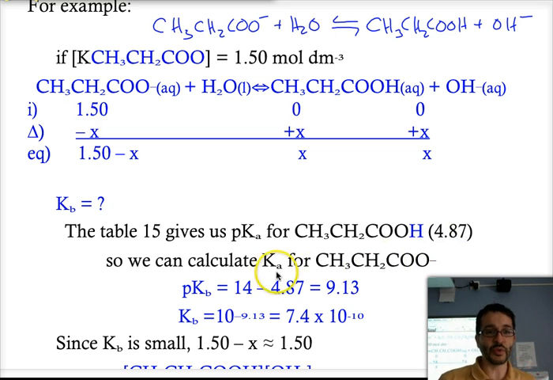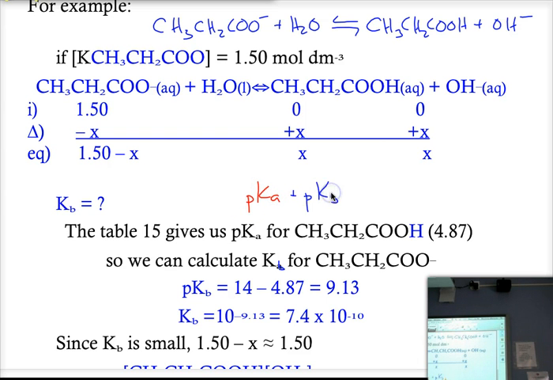There's a typo there. It should say the value of pKb for the propanoate ion. Remember, pKa plus pKb equals 14.